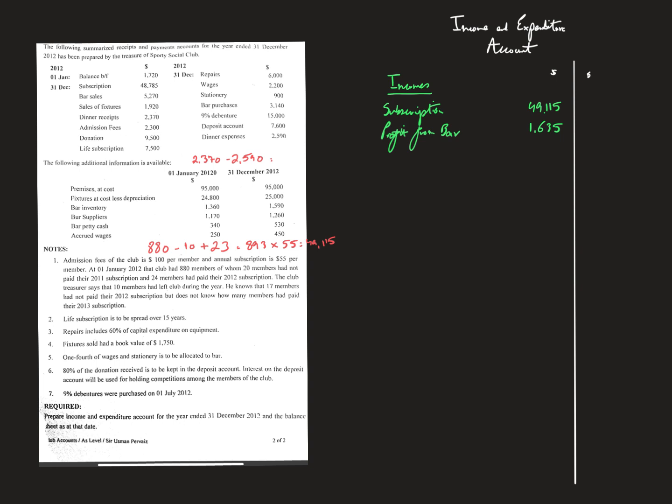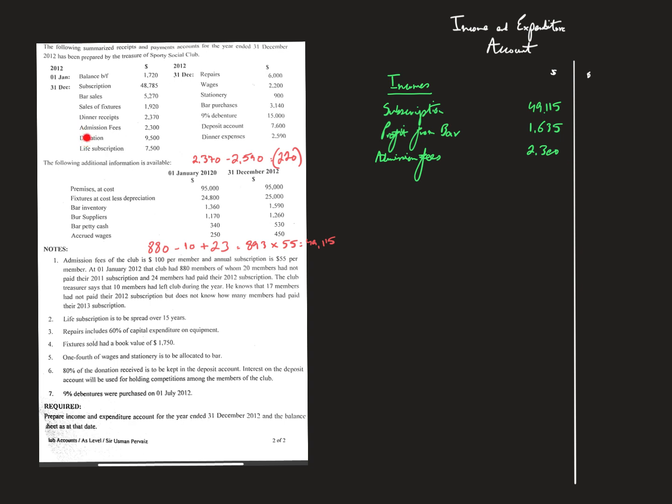A loss of how much? 220. So I'm going to put this amount in brackets so that I remember. Then admission fee is also an income. That is 2300.